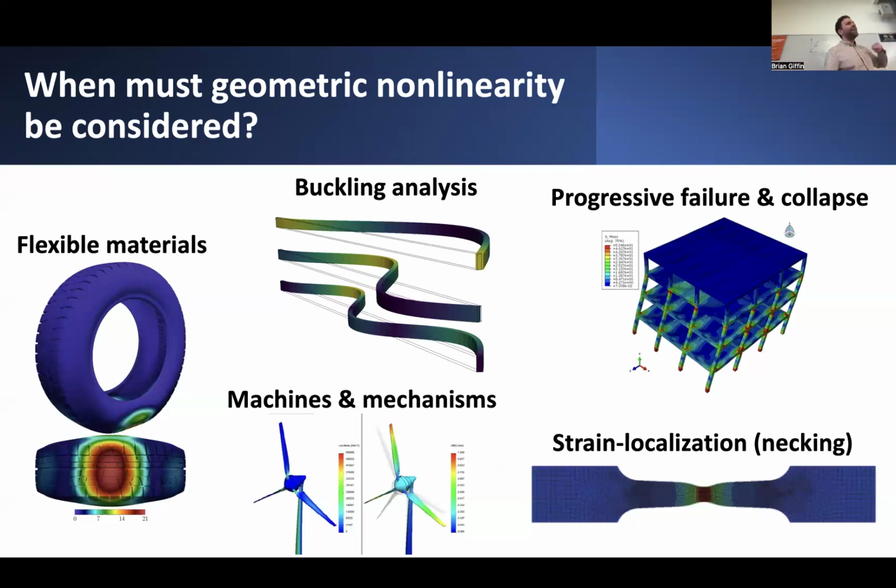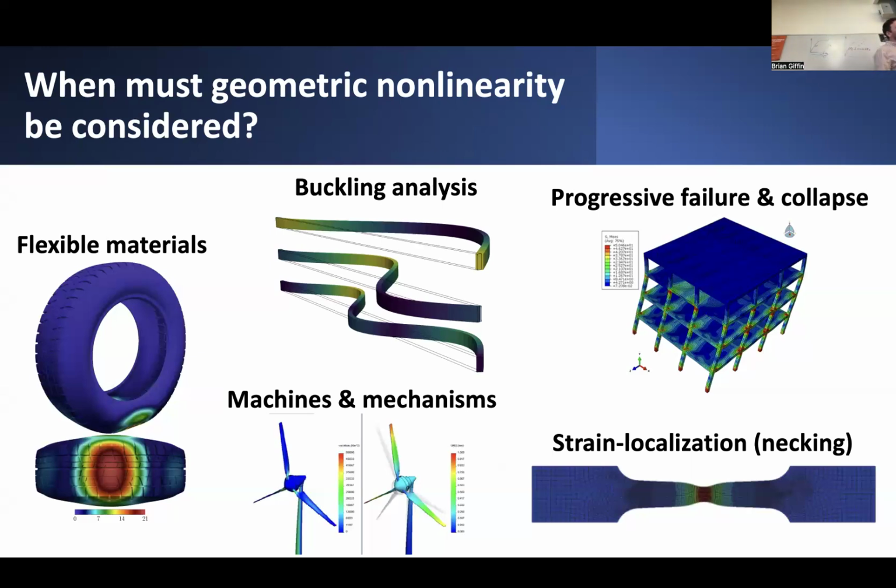Other scenarios are anytime you're dealing with material nonlinearity, and especially if that material nonlinearity leads to some kind of collapse mechanism or failure mechanism. To be able to adequately represent that failure, not only do you need material nonlinearity, you probably should also be including geometric nonlinearity, in part because that loss of stiffness of the structure leads to a relevant change in the apparent stiffness of the structure.